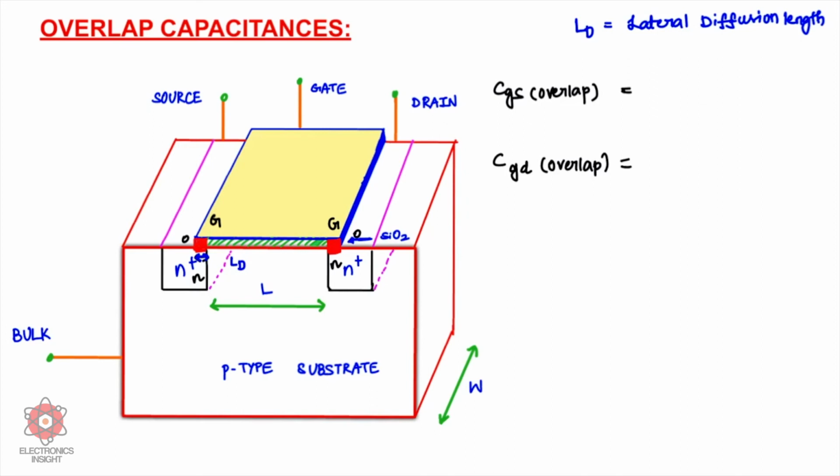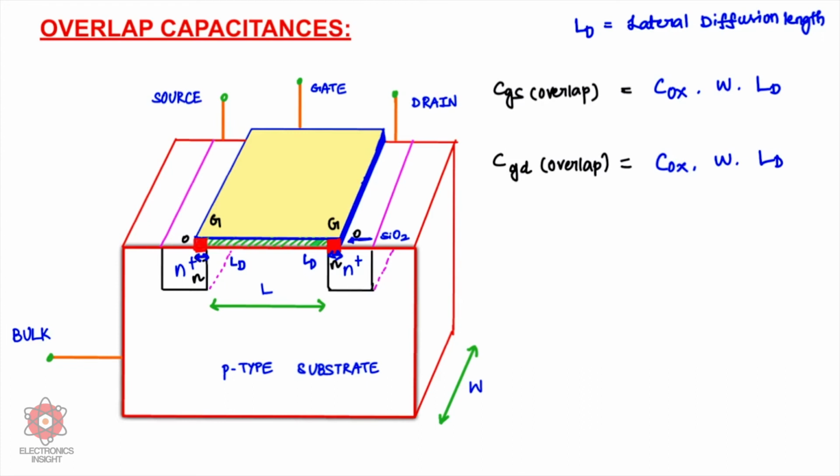So this also we will mark as LD. Now easily you can write down the formula, which is Cox, that we know, W into LD. That is the same case with respect to CGD also. So these are going to be the 2 overlap capacitances which are bias independent.